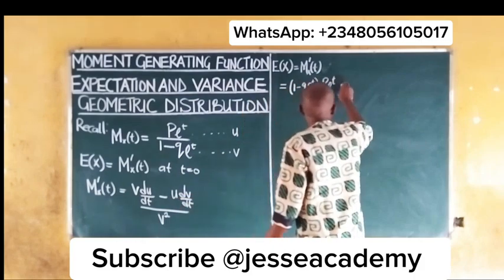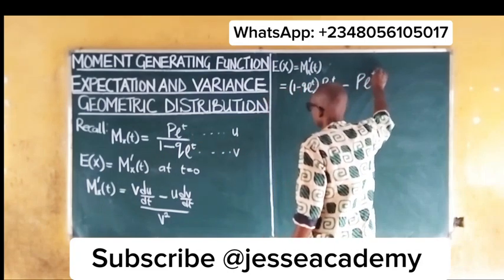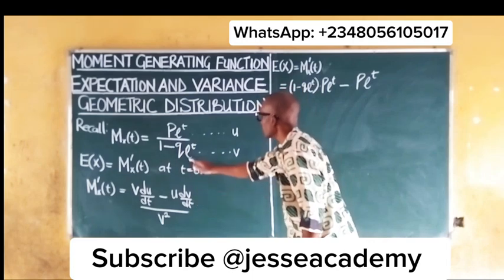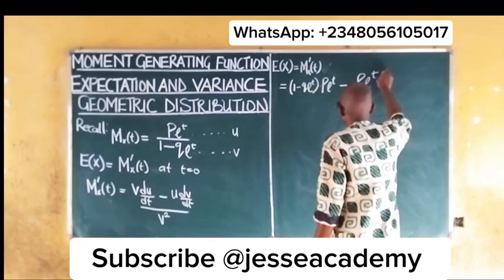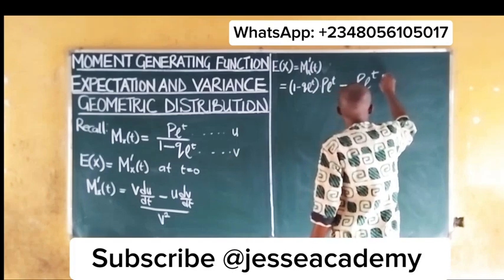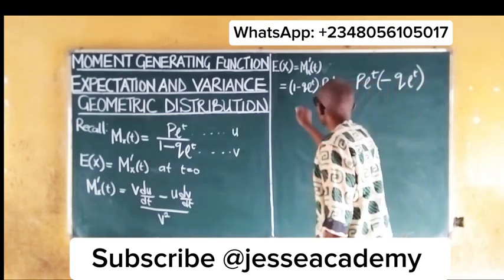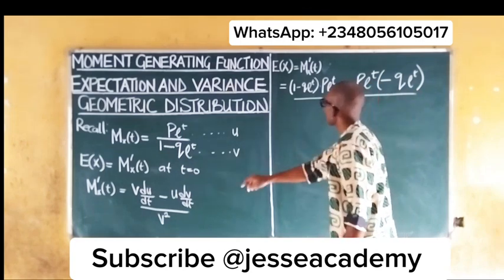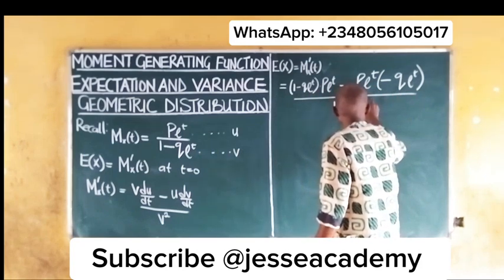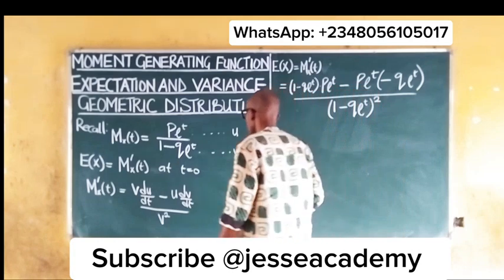Now, minus u, which is pe^t, multiplied by dv/dt, which is minus qe^t. All over v squared, which is 1 minus qe^t all squared.